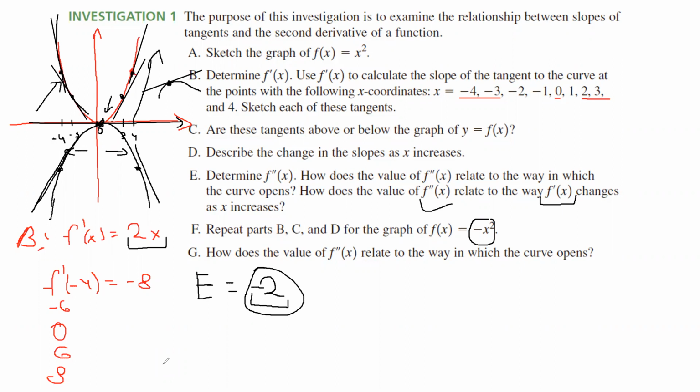Yeah, basically you were right, and you can also add that the sign of the second derivative affects the rate of change of the initial function, right? If the second derivative is positive, it means that the rate of change is increasing. If the second derivative is negative, it means that the rate of change is decreasing. Make sense?